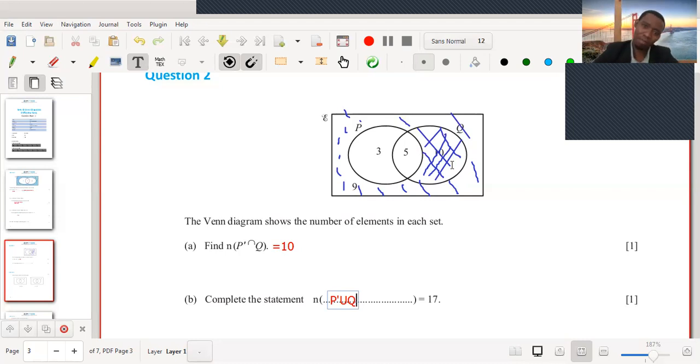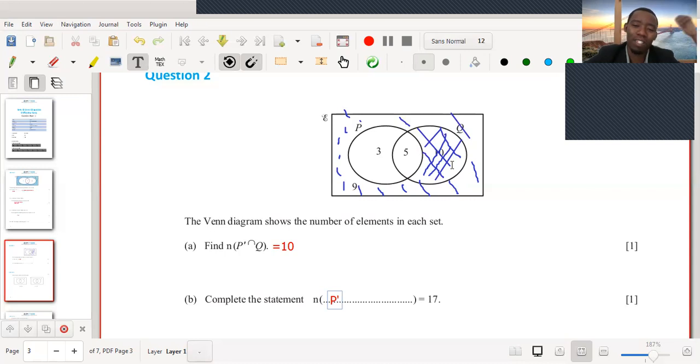Yeah, actually that's it. But when it comes to union, you may also add those other values. I'm trying to get 3, 5, and 9. What can we do? Any idea, students? Okay, this one fails.